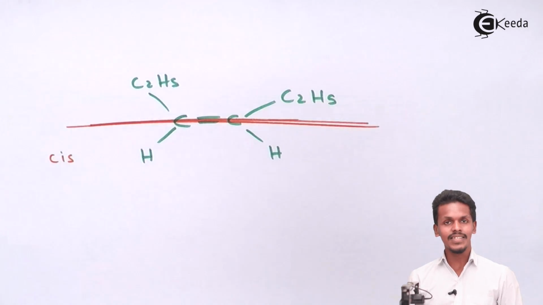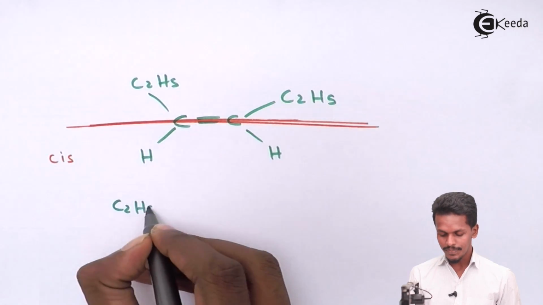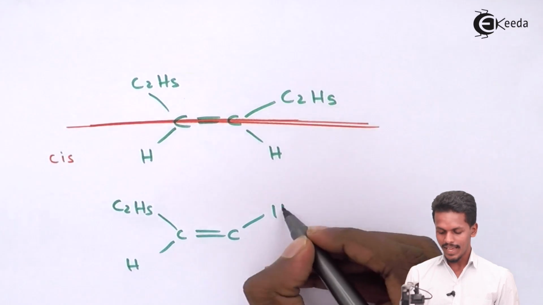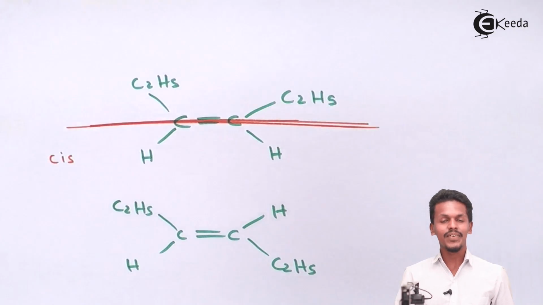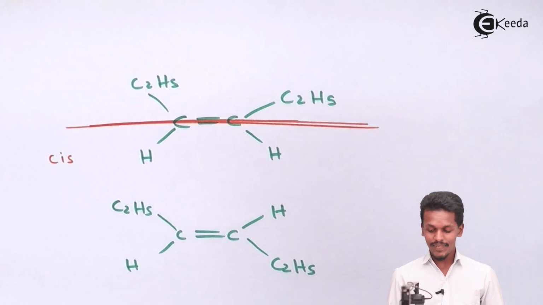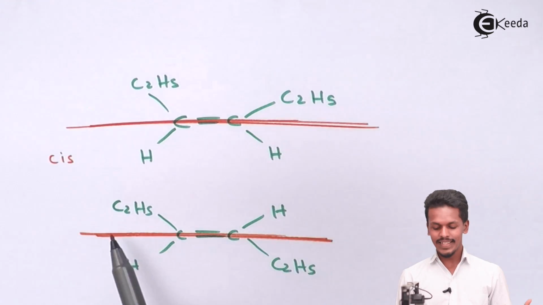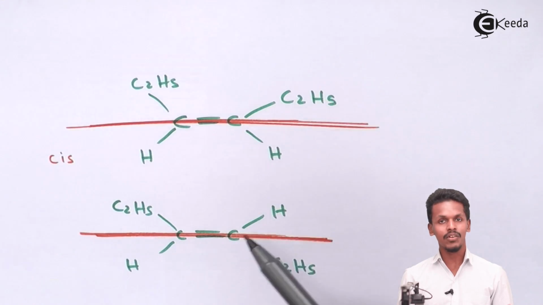Talking about the trans, this could be represented in this manner also, where we could write the structure as C2H5, H double bond, and here it would be H, and here it would be C2H5. So in this section, if we divide in this manner, we could see that the ethyl groups are present on the opposite side, and this hydrogen is also present on the opposite side.